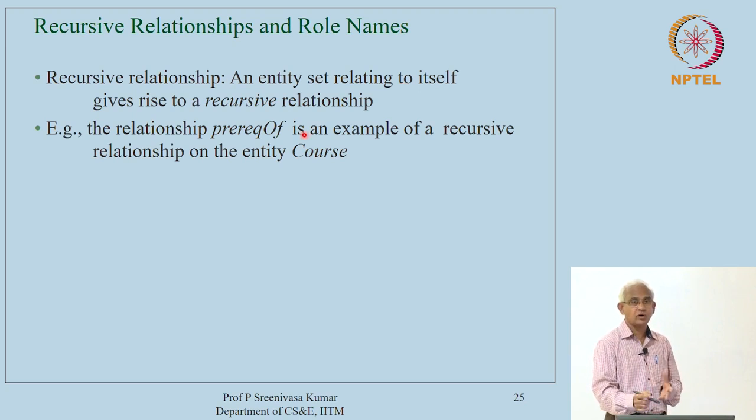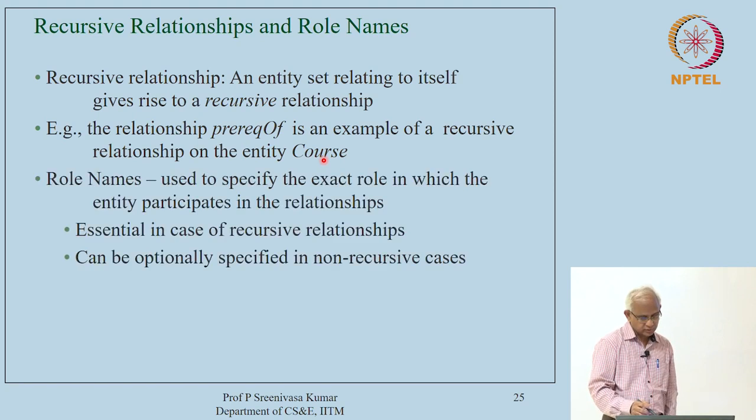The prerequisite of is a relationship, and you can see that the entity course participates 2 times in that, in the sense that one as a course, the other one as the prerequisite course for the course.